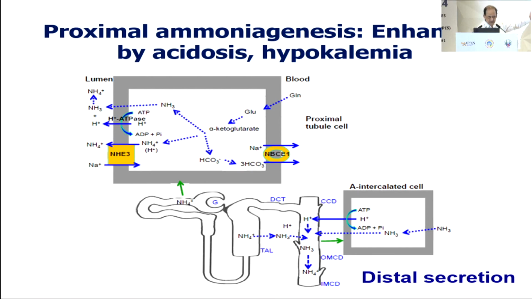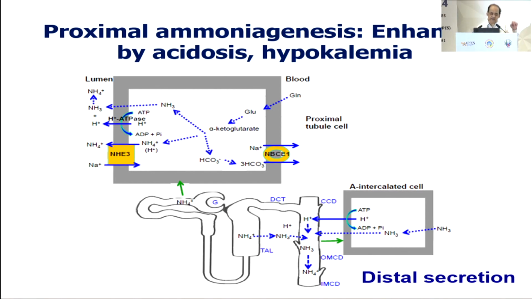Inside the lumen, it comes down into the thick ascending limb, where it gets reabsorbed by the NKCC2 transporter, the transporter that gets affected by furosemide. So it goes into the medullary interstitium, contributes to the medullary interstitial hypertonicity, and thereafter it gets secreted as ammonia in the distal tubule.